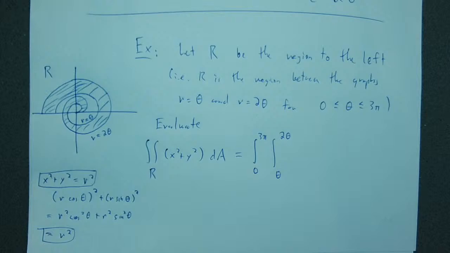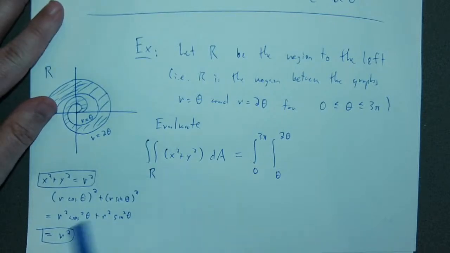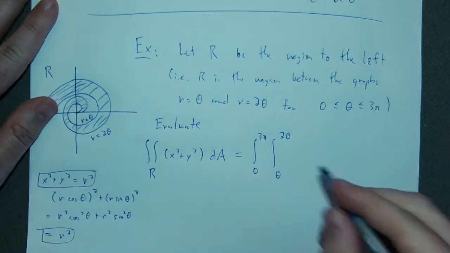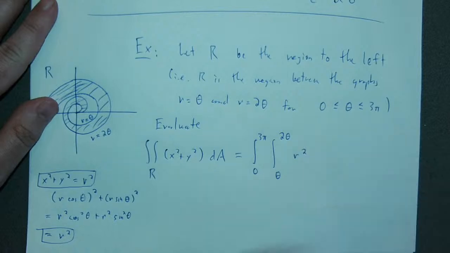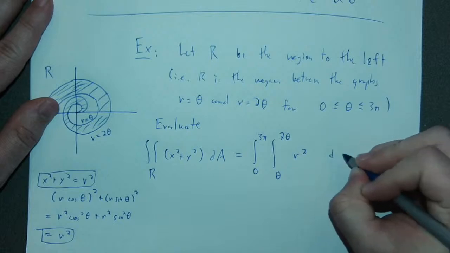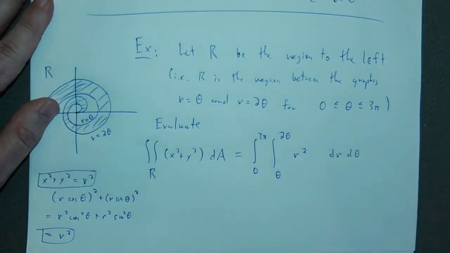But however you remember this, you can immediately just say, well, this is r squared here. Now I'm tempted to say this is dr d theta, but that's not quite right, right? What did I not do?